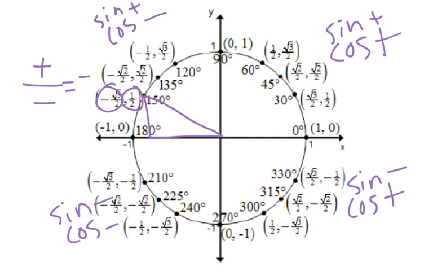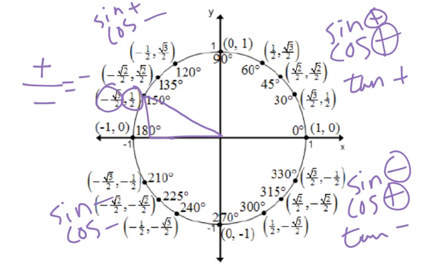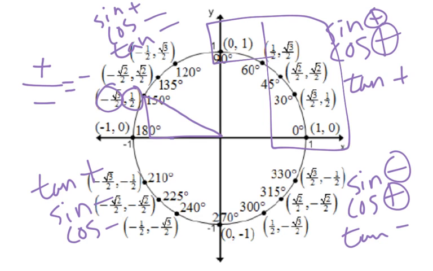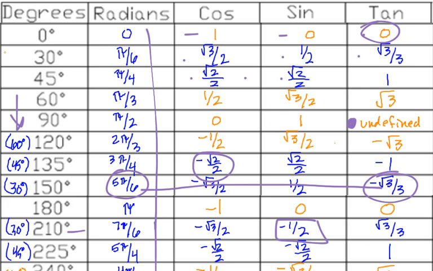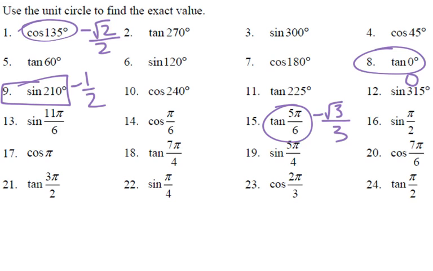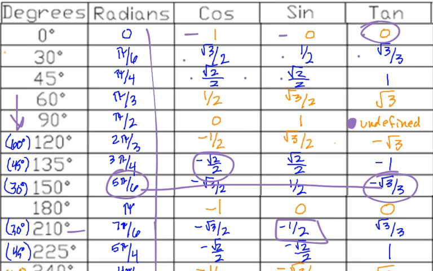So since tangent is a combination of them both, positive and a positive stays positive. Negative and a positive, tangent stays negative. Negative and a negative over each other makes a positive. And positive and a negative make it negative. So it's these same numbers, but you've got to realize the negative and the positive aspect to them based on where they are.